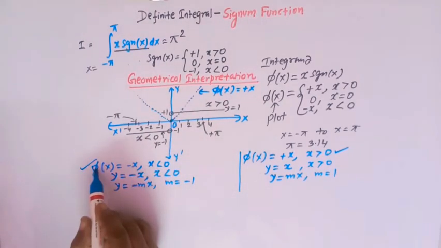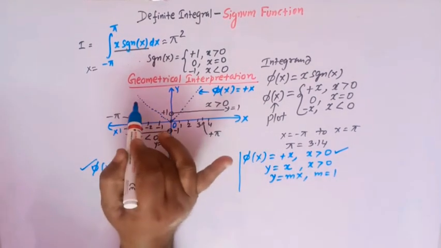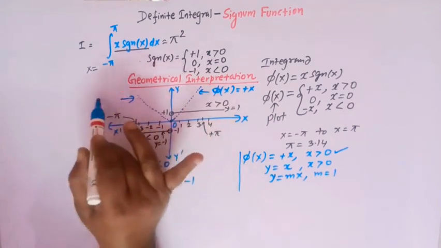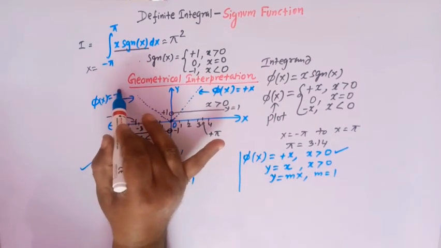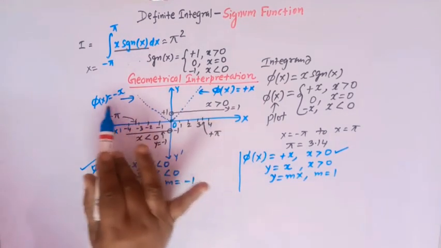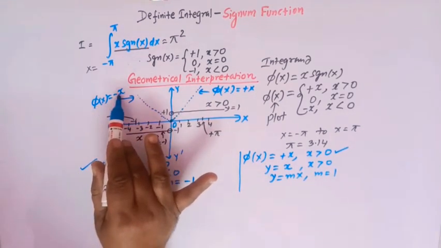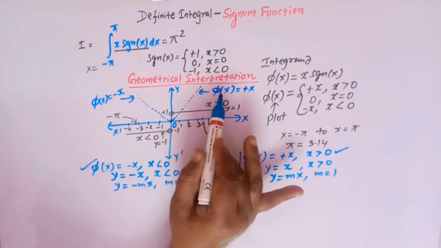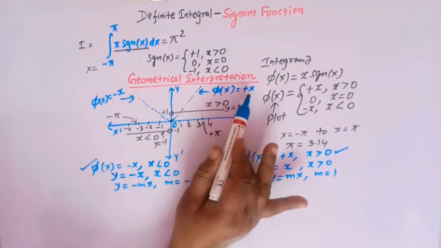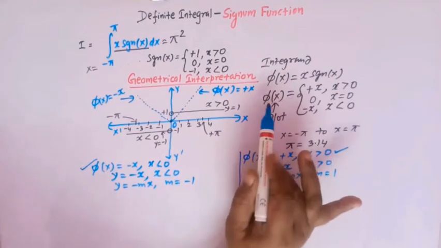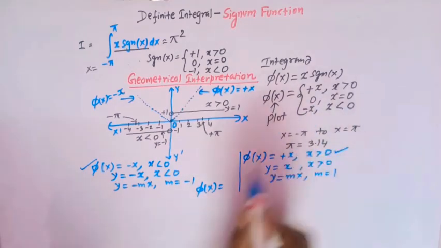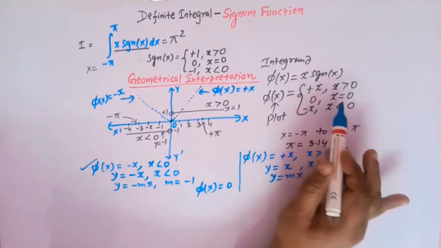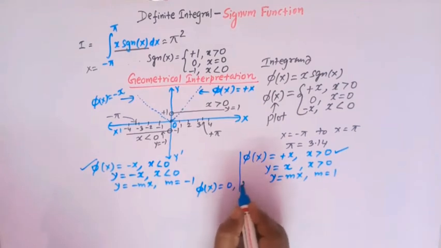So this line would lie in the second quadrant. So phi of x is equal to minus x. So this line is phi of x equal to minus x, and this line is phi of x equal to positive x, and phi of x is equal to 0 whenever x is equal to 0.